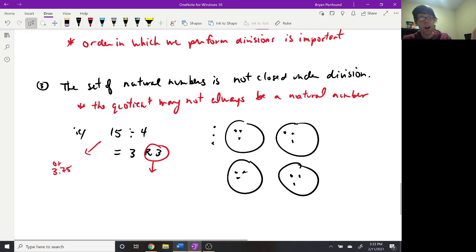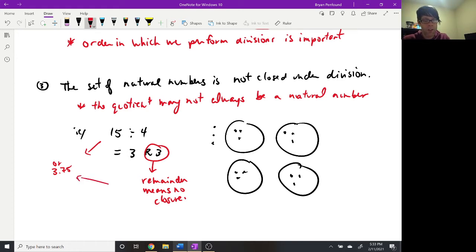Okay, so a remainder or a decimal portion after our natural number indicates that we don't have closure. Or you can look over here too, and if you get a decimal number after your whole number portion, that means that we don't have closure.